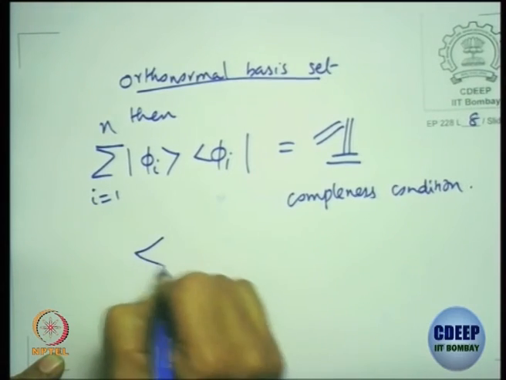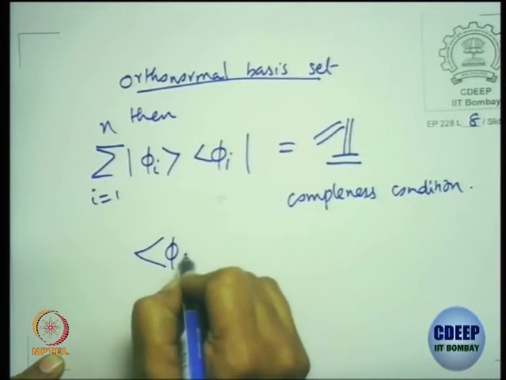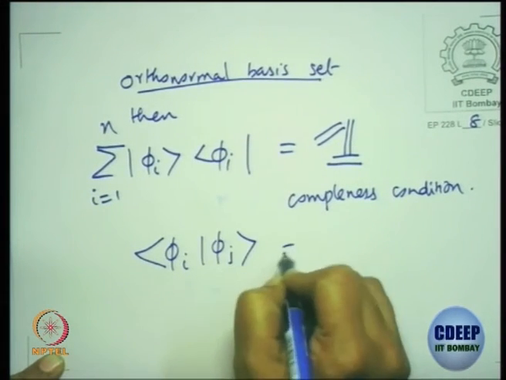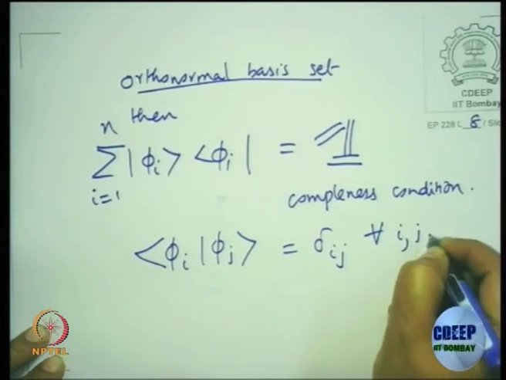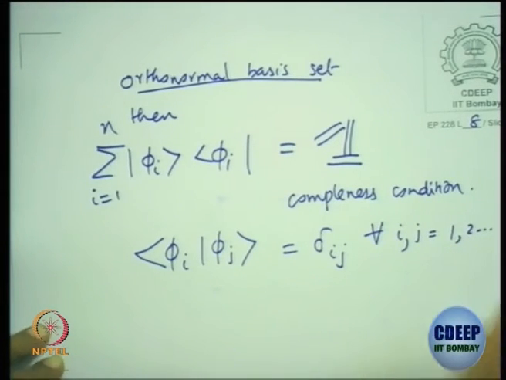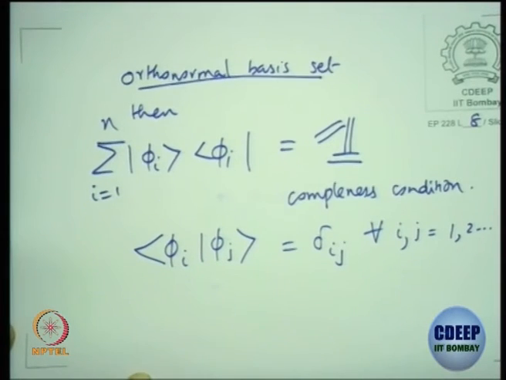And once you say it's an orthonormal basis, it's understood that <phi_i|phi_j> is delta ij for all i, j from 1 to n. What else?